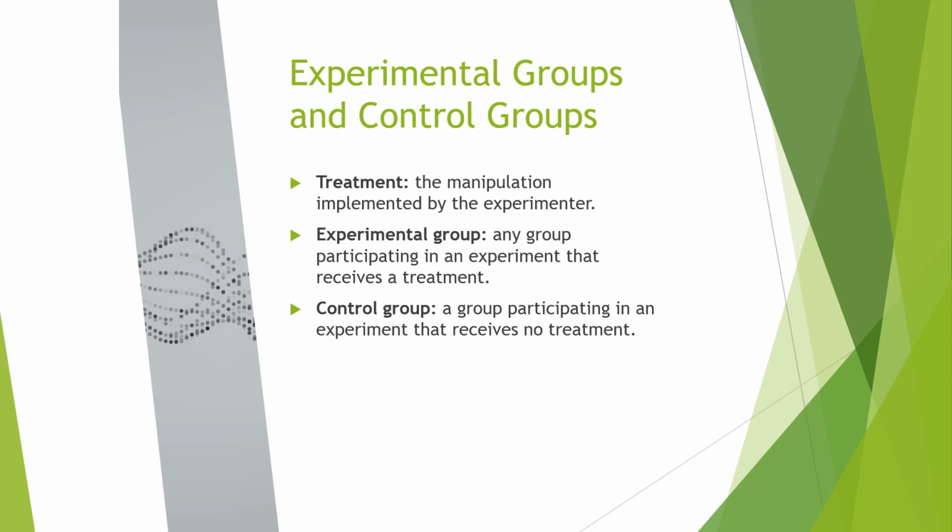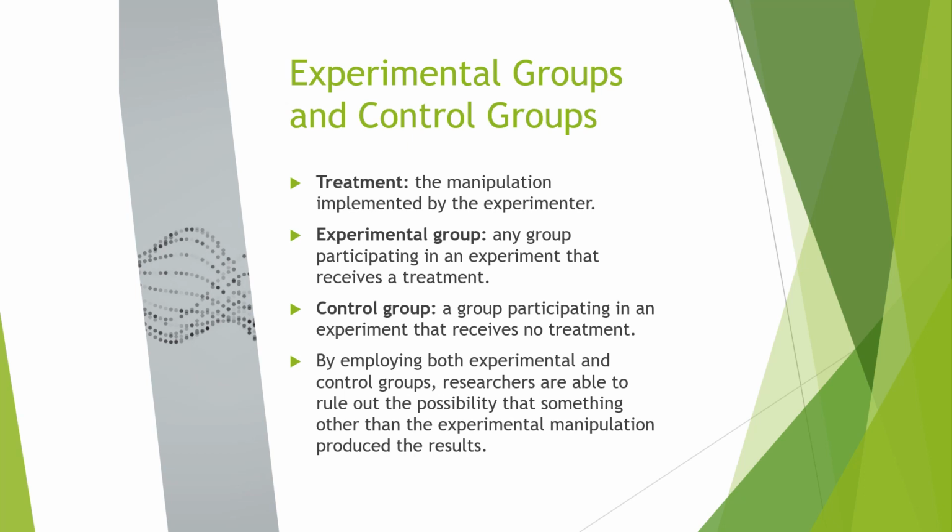So the experimental group gets the manipulation, they get the treatment. The control group does not get manipulated, they do not get the treatment. By having both an experimental group and a control group, you're able to rule out the possibility that something else actually gave you the results that you got.